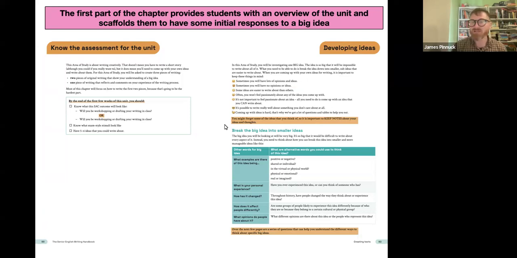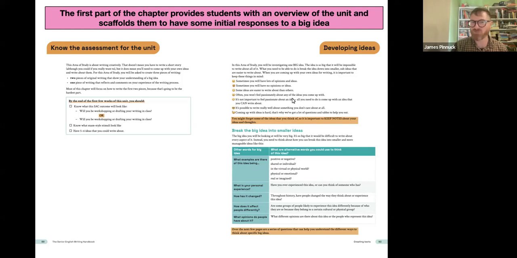So there are still a range of features in this first part, which are currently in the 4th edition. The double page spreads that have questions that allow kids to break down protest or country into smaller questions are still there. This checklist on the bottom right-hand corner where kids can think about how they personally think about this big idea is still there.